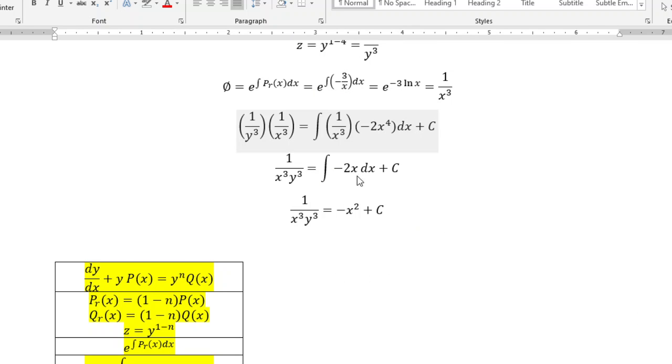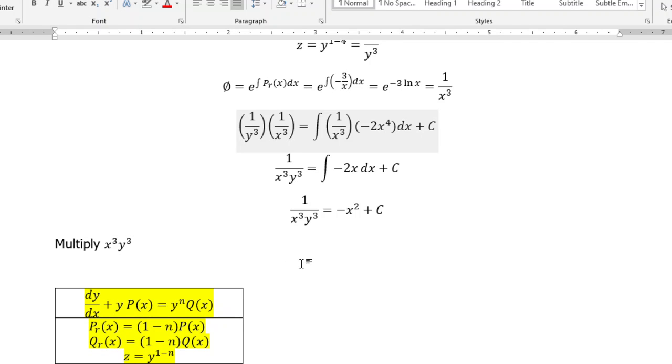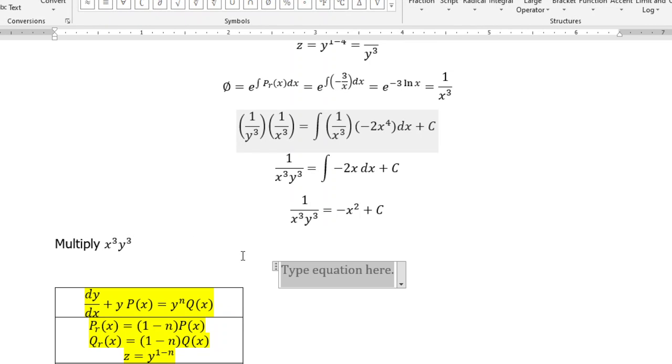So, we will multiply x cubed, y cubed, so para wala tayong denominator. So, nasa module will be 1 is equal to the quantity c minus x squared.